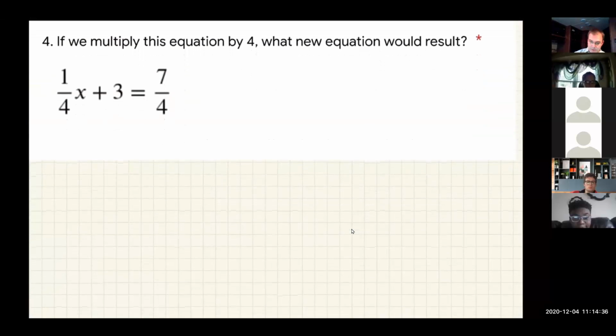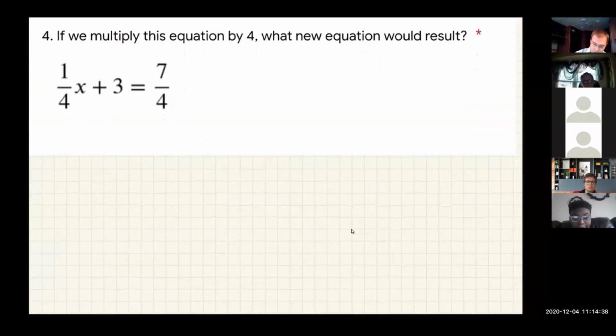Okay, this one says, what would the new equation be if we multiply by 4? So that means we have to multiply every term in the equation by 4. When I do that, the nice thing is two of the terms, it's just going to completely cancel out the 4. 4 divided by 4 leaves us with a 1, which isn't going to change anything. But I'll go ahead and bring the 1 that was in the numerator and the x down.